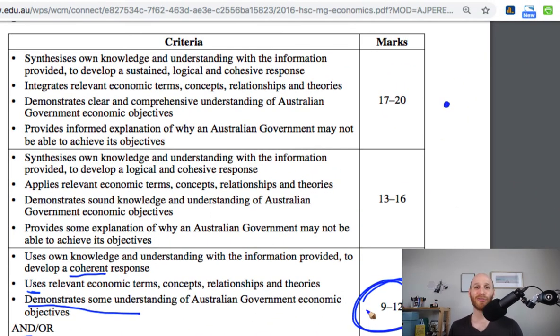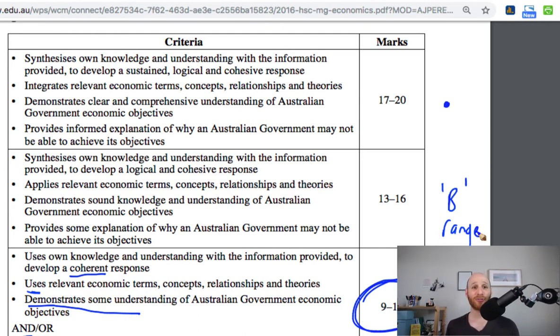And then if you look at this B range band here, you are starting to develop not just a cohesive response, but it's logical, you're not repeating yourself, the story makes sense and it flows. If you start to apply terms, concepts, ideas, and theories, you don't just use them.